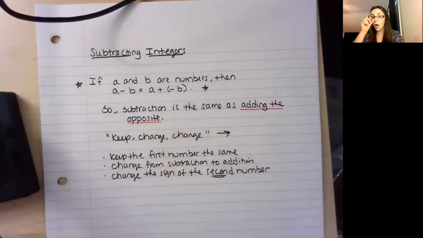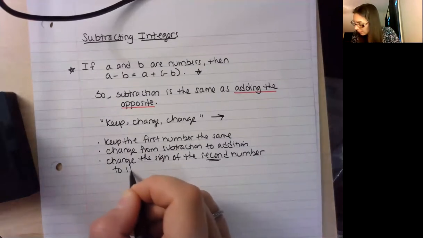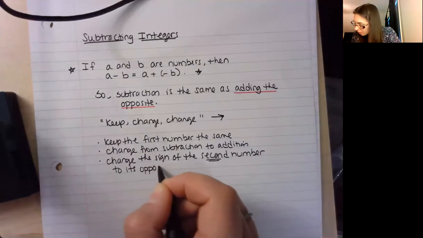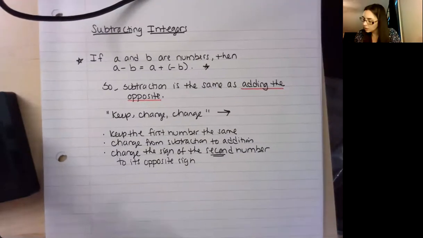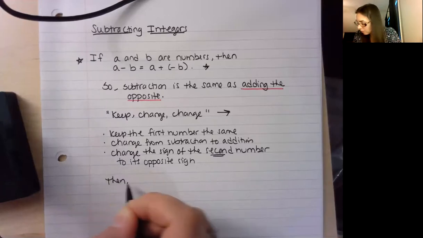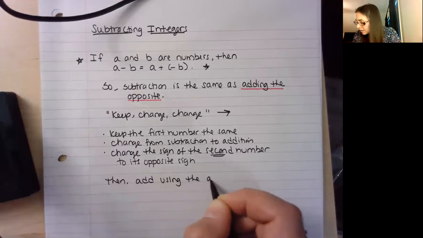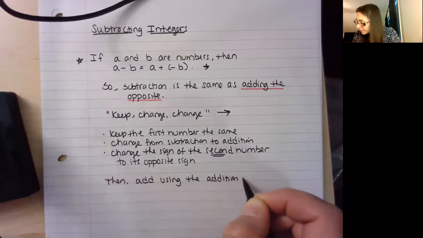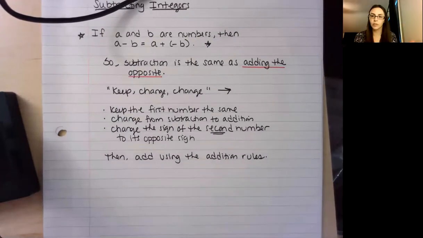Okay, so we change it to its opposite sign. And then we're going to add using the addition rules that we've already learned. So we make a little change, and then instead of having to create a whole new set of rules for subtraction, we can just use the addition rules that we already have. So let's look at a bunch of examples here to start.